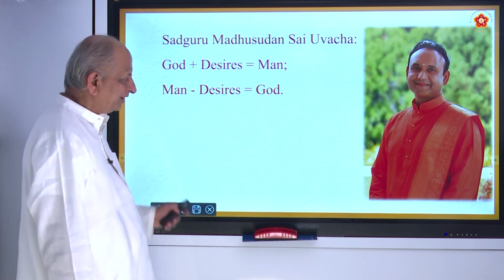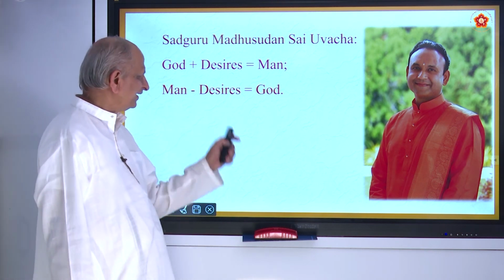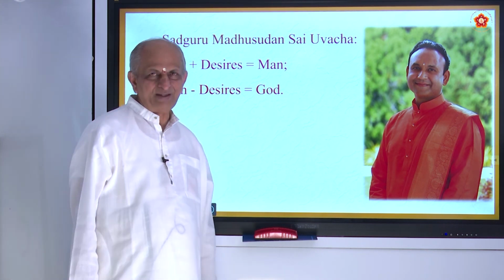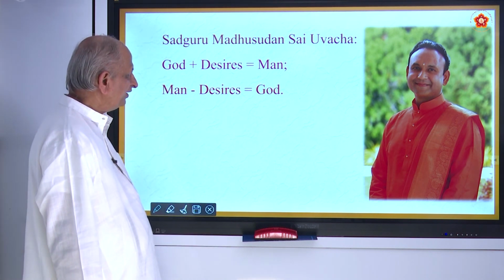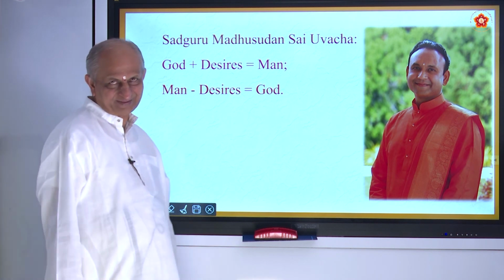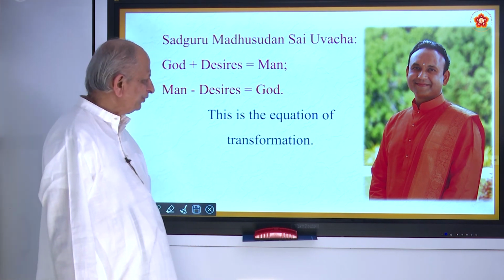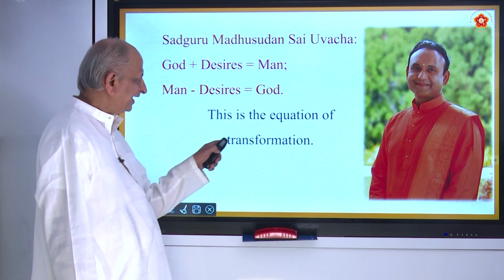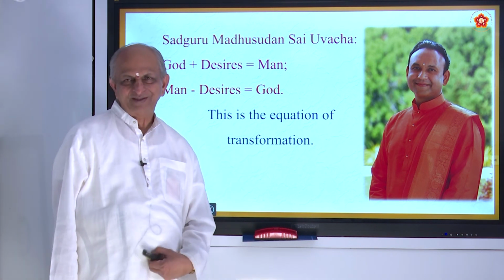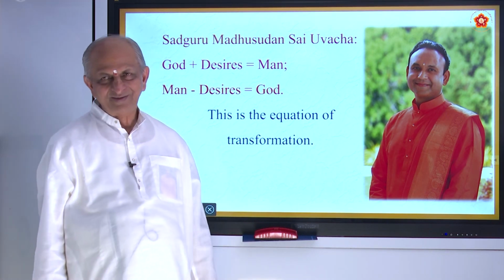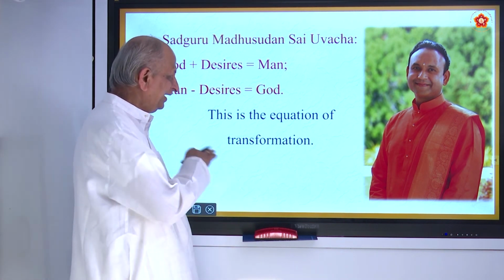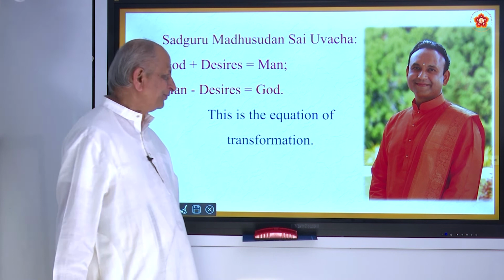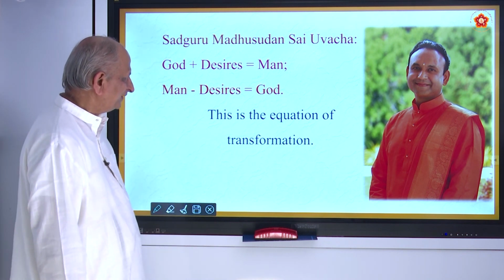He eradicated all desires. Therefore, he has become God, right? This is the equation of transformation. So if you want to become God, you have to remove desires one by one. And one day all desires must be removed. Then only we will be called God, right?